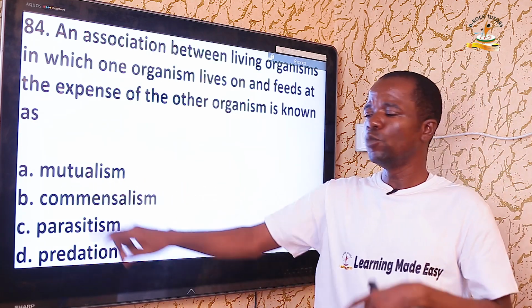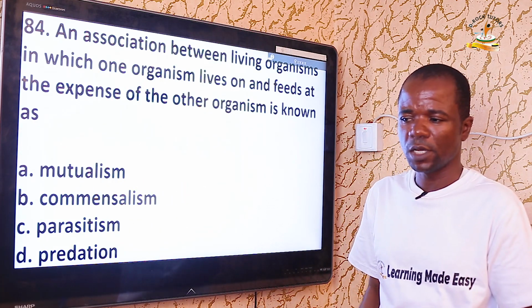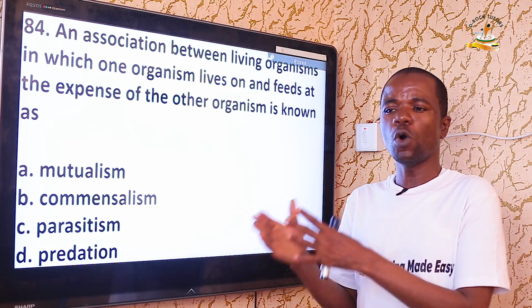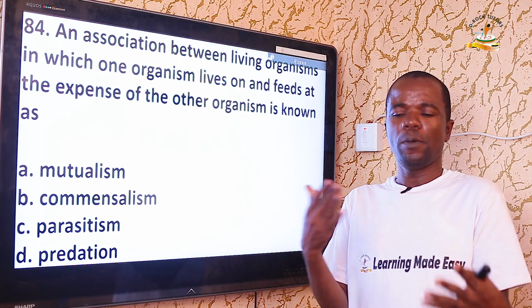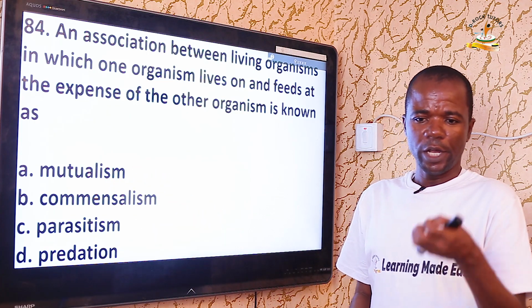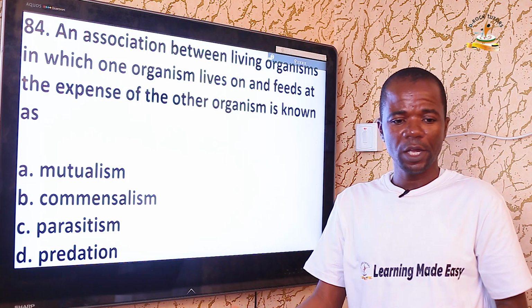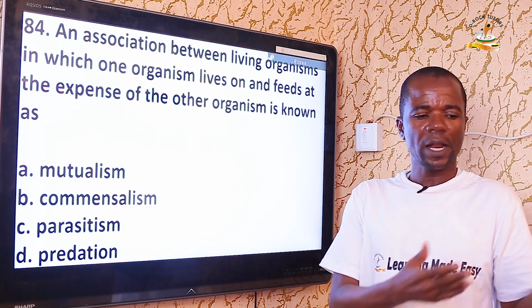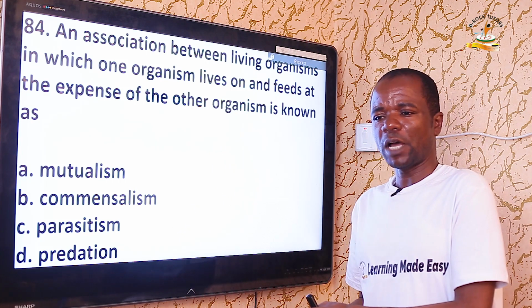If you look at option A, mutualism, it's also called symbiosis. It's an association between two organisms when the two of them benefit. An example of mutualism is a lichen. A lichen is made up of an algae and a fungus. An algae is an autotrophic organism.